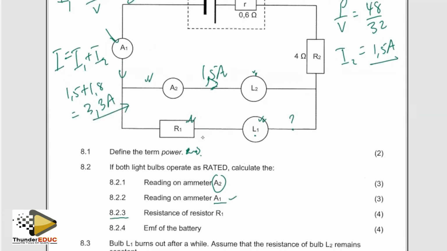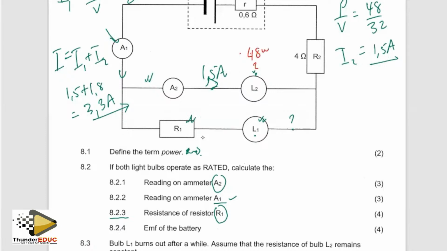Then for 8.2.3, they want us to get the resistance of R1. What I should know is that this one was 48 watts and 32 V, and this was 36 watts and 20 V. With a parallel combination, this and this one are in parallel, so the voltage across these two has to be the same.